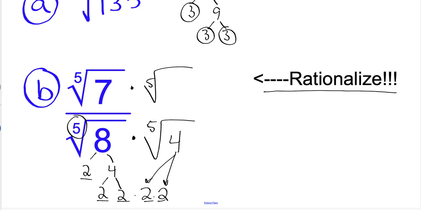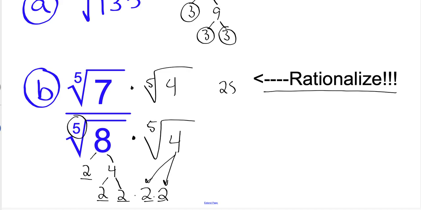Okay? So that process is how you're going to try to figure out what you need to multiply this number by to get it to a nice fifth root. And since I did it on the bottom, I'm going to have to do it again on the top, multiply by that 4. Okay? It has to be in a fifth root, because if it's not in a fifth root, you can't multiply by the other fifth roots. All right? So then we're going to just multiply straight across.